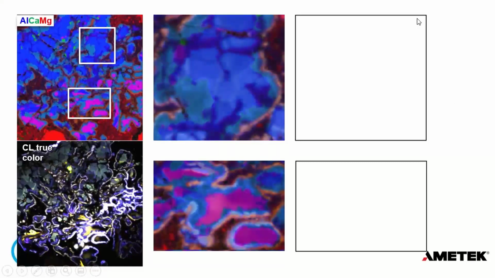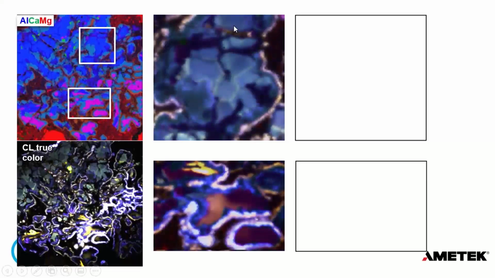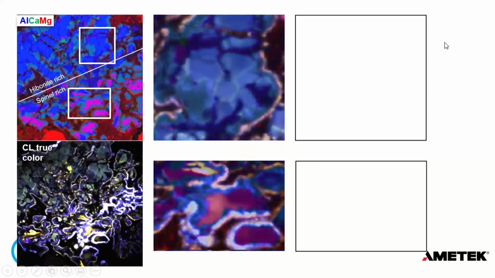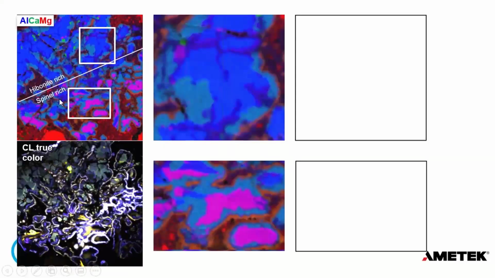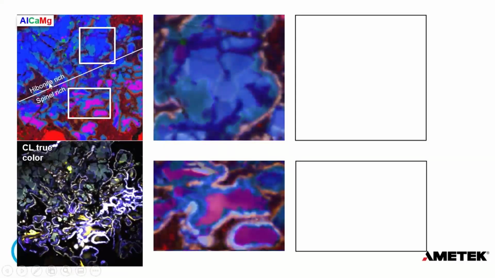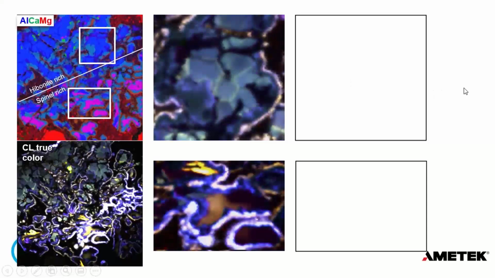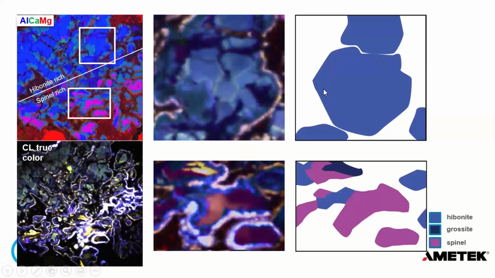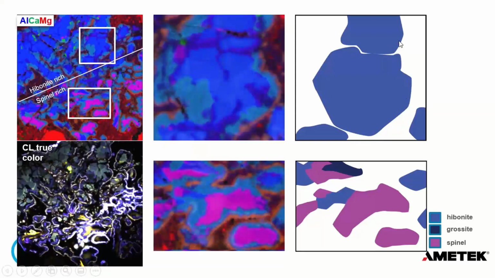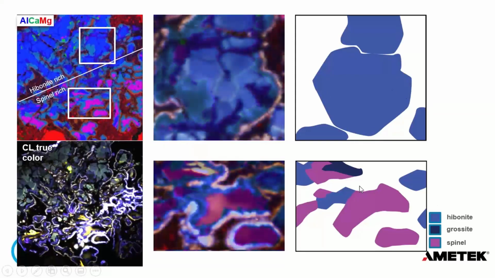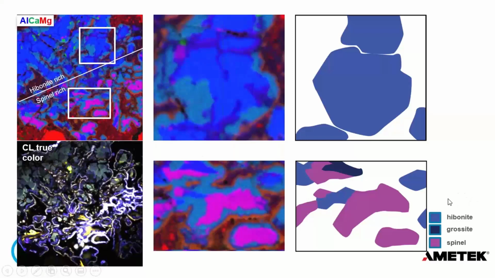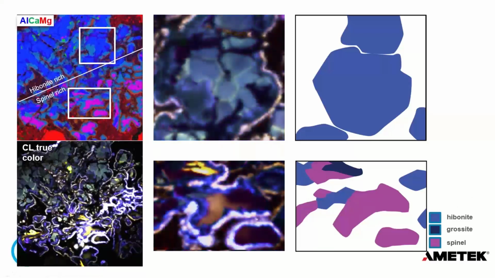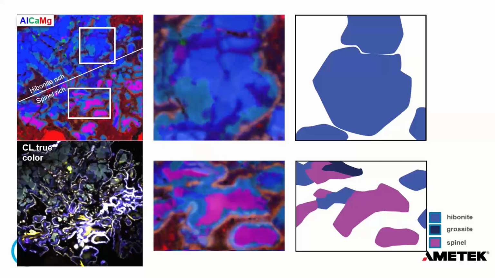Thank you, Jonathan. As Jonathan mentioned, we seem to see two domains in the CAI, one that's more spinel-rich and one that's hibonite-rich. The hibonite-rich domains appear to have crystallized individual grains of hibonite, whereas in the spinel-rich domain, we have intergrowths of hibonite, spinel, and even some minor grossite.